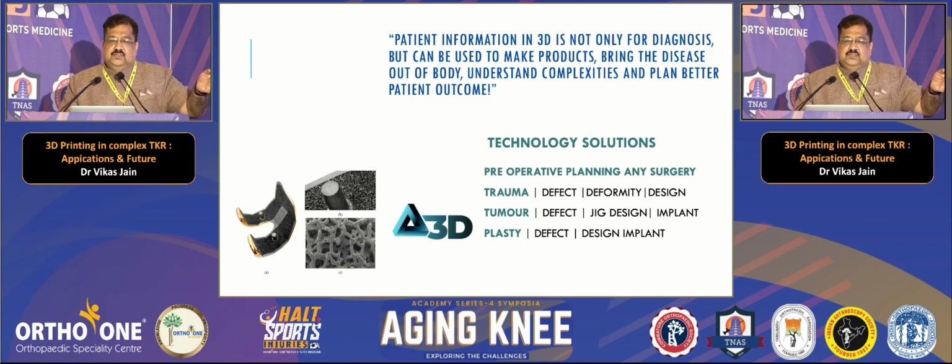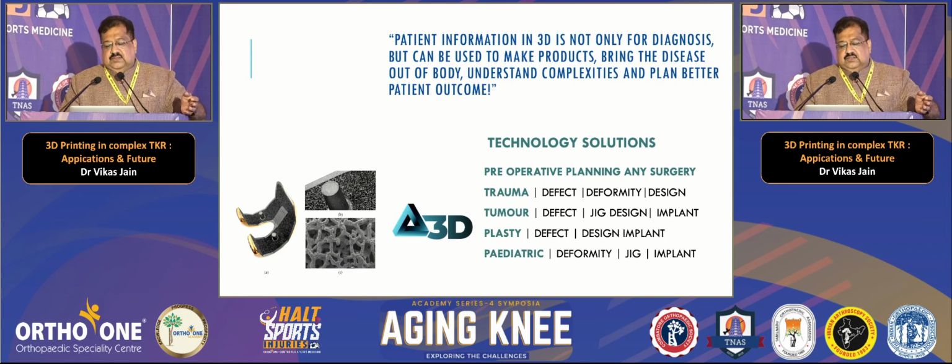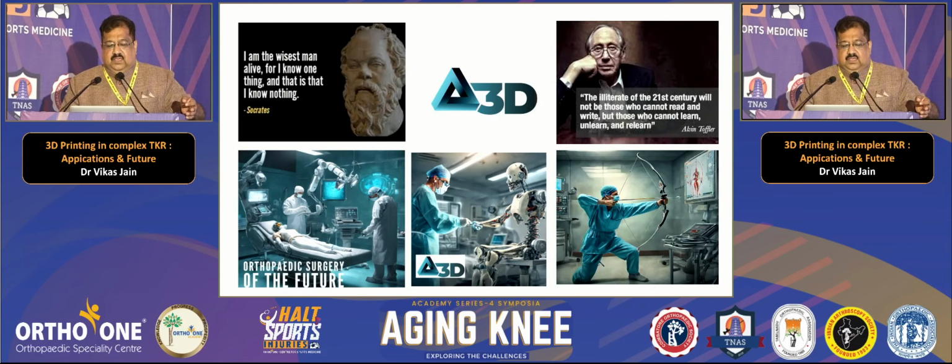The information from a CT scan or an MRI is actually 3-dimensional information. In cases of trauma, tumor, arthroplasty, and pediatrics, we can use this technology, wherever you have a deformity or a complex defect.